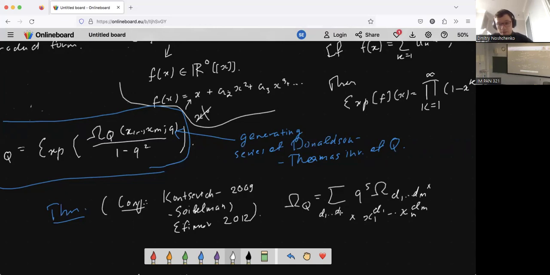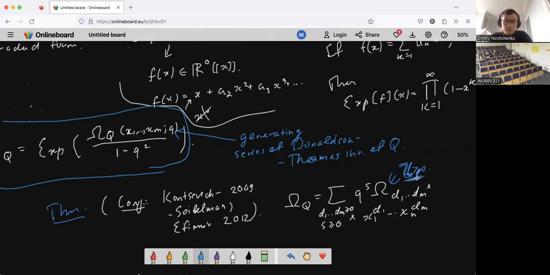But so far this is not really interesting. The thing which is interesting is that, essentially, the statement of the theorem is that these numbers are non-negative integers. This is the crucial statement of the theorem, because it is not manifestly obvious that these numbers should be integers for any symmetric quiver, but they are.